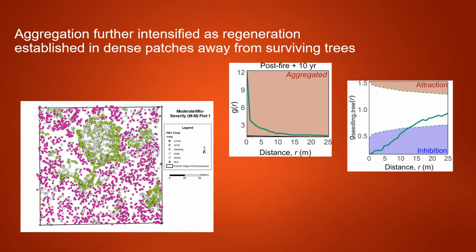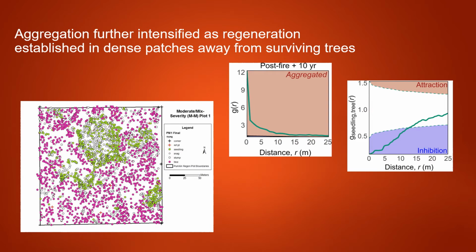And what we found was aggregation was further intensified as regeneration established in dense patches away from surviving trees. This is one of our plots on the bottom left there. The green is the regeneration. The purple is the surviving trees, and the open circles are the dead trees.